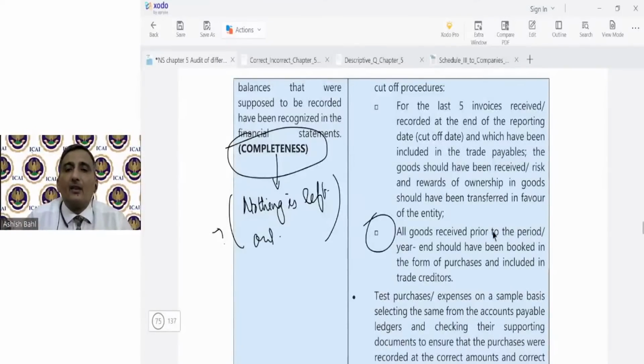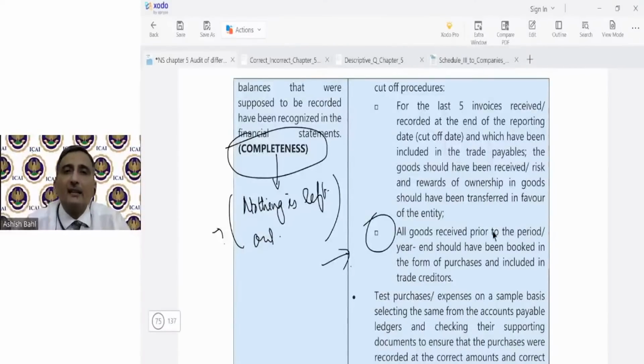So this goes on to prove the completeness assertion of trade payables. Students, again I am repeating it.